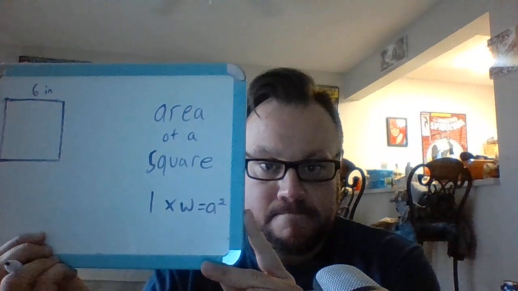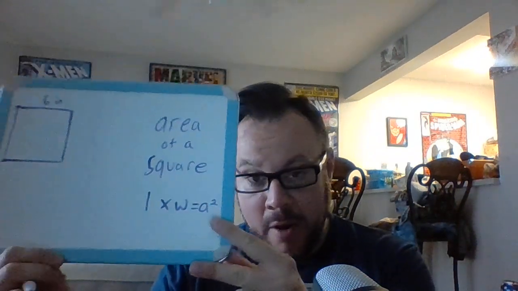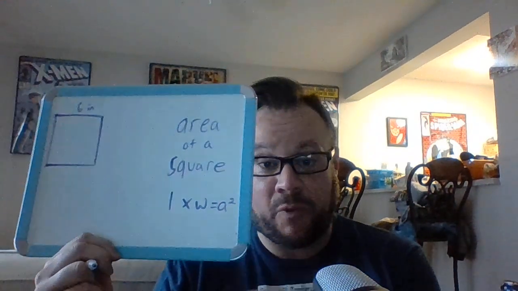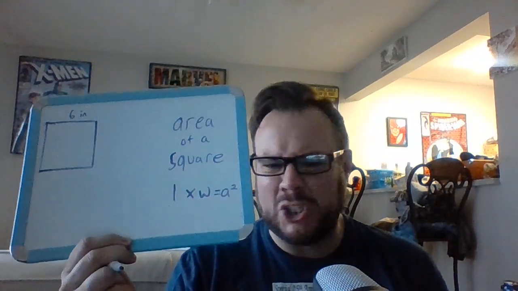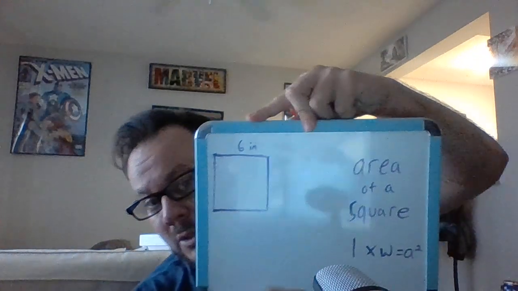Area of a square. And this little mini 2 here, because we're figuring out what's inside, we have to do it that way. But it's just something you write at the end. So length times width, right? What's this right here? 6 inches.